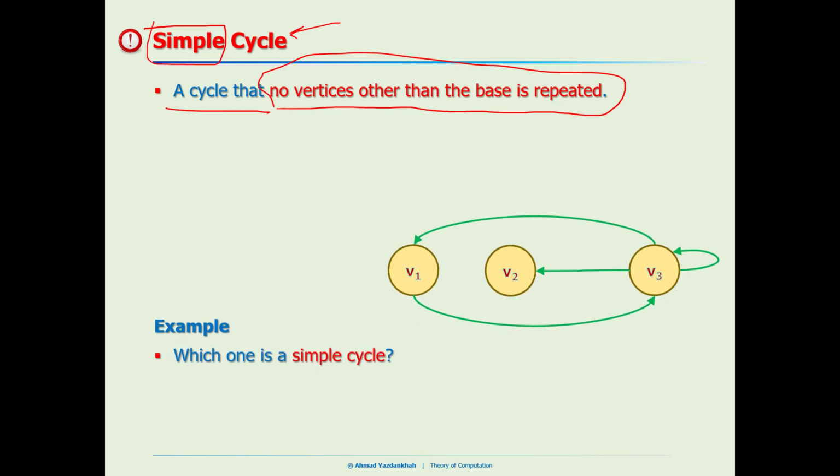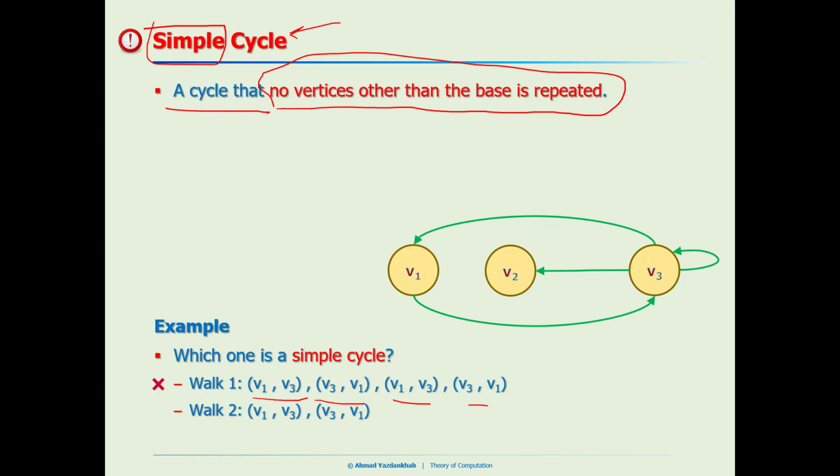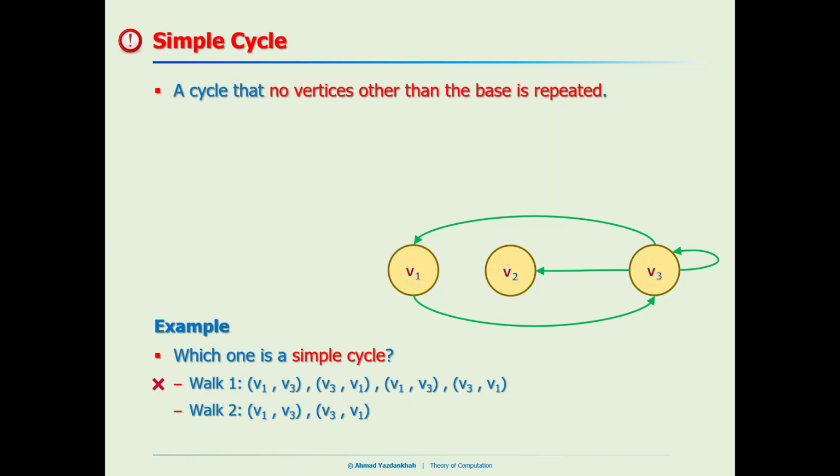Let me take an example. Which one is a simple cycle? V1 to V3, V3 to V1, V1 to V3. So this is not a cycle, and definitely it is not a simple cycle. How about this one? V1 to V3 and V3 to V1.